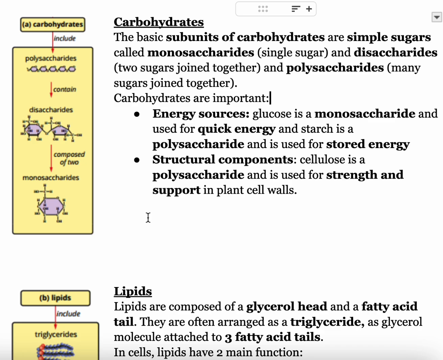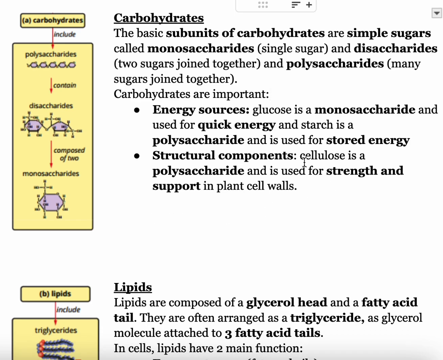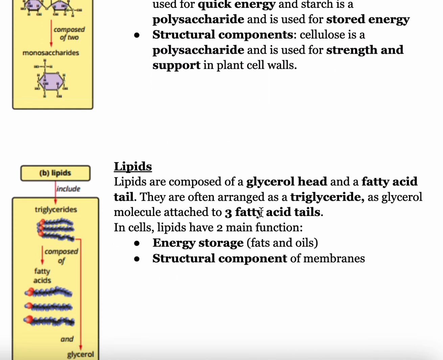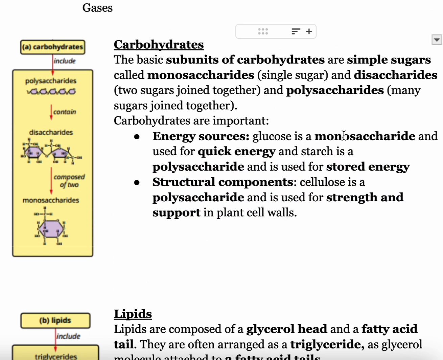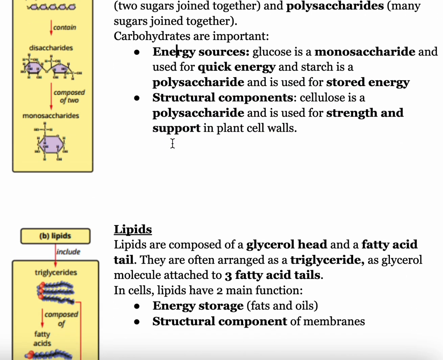Cellulose is a polysaccharide and is used for strength and support in cell walls. I'm pretty sure you don't have to remember that. Just remember mono is quick, poly for stored, and these two are for structural and energy sources.